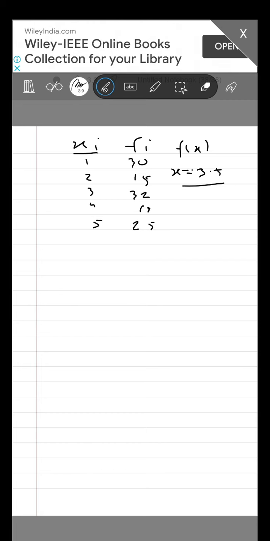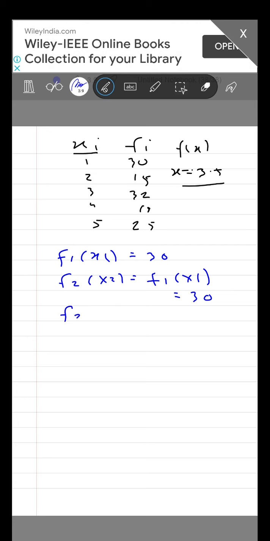So till now we have the following values. We have f1 x1 equal to 30, f2 x2 equal to 30 also, f2 is equal to f1 x1, since the points have to be matched, is equal to 30, and we have f2 x3 equal to f3 x3 equal to 32.